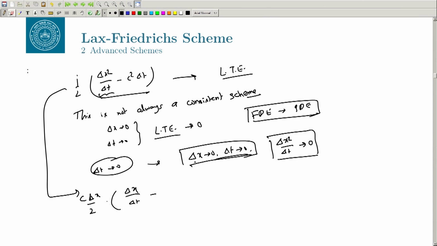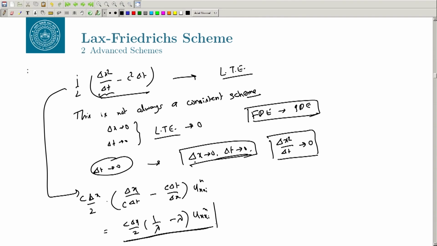This will become delta x by c delta t and this is c delta t by delta x, times u_xx. If you write it, this is c delta x by 2 times (1 by lambda minus lambda), where lambda is c delta t by delta x, times u_xx. So this is our leading term in the convection diffusion equation, which is the modified PDE.